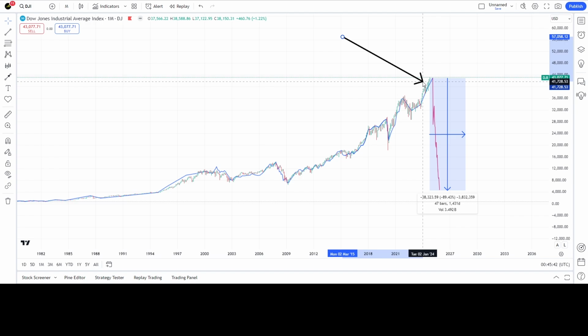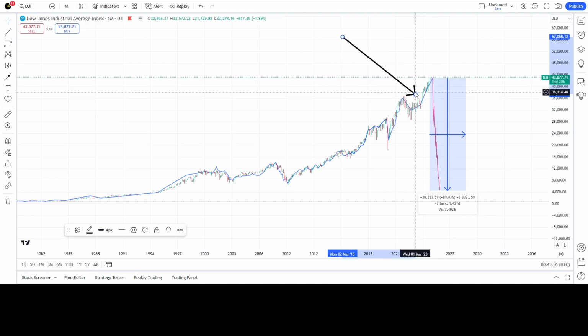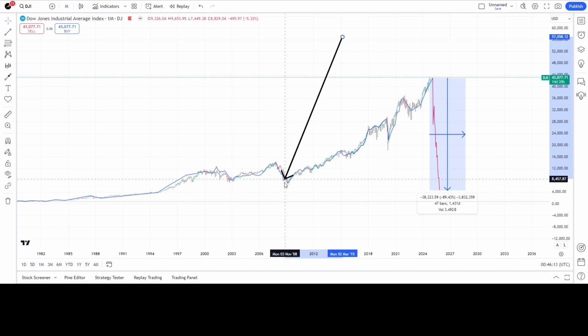Now, we also have the 1987 crash, which is a very similar structure where it moves up and then it has this sharp decline. This is a type of structure that the Dow Jones produces. It doesn't always produce it. So for instance, in the 2008 decline, it did not produce this type of structure. That was a different type of structure.